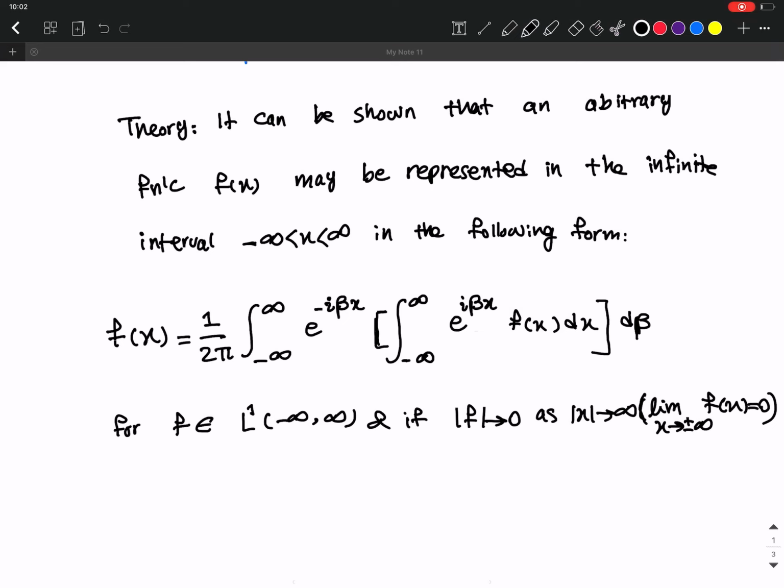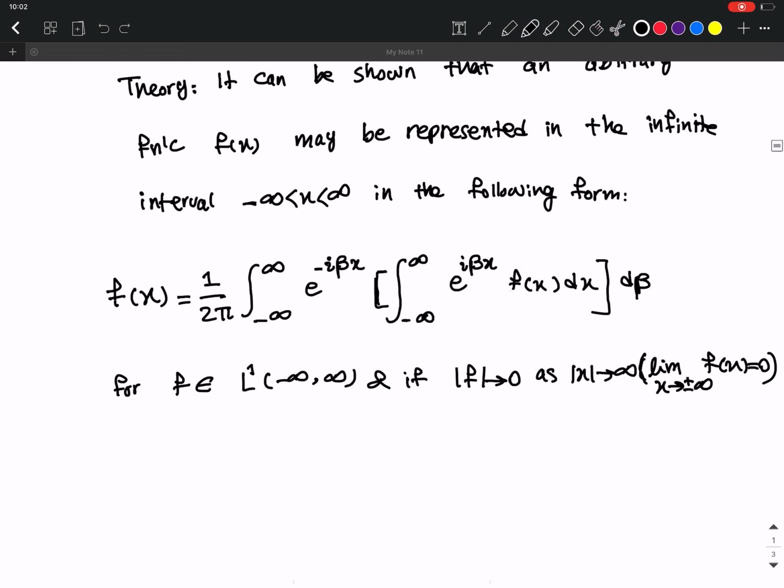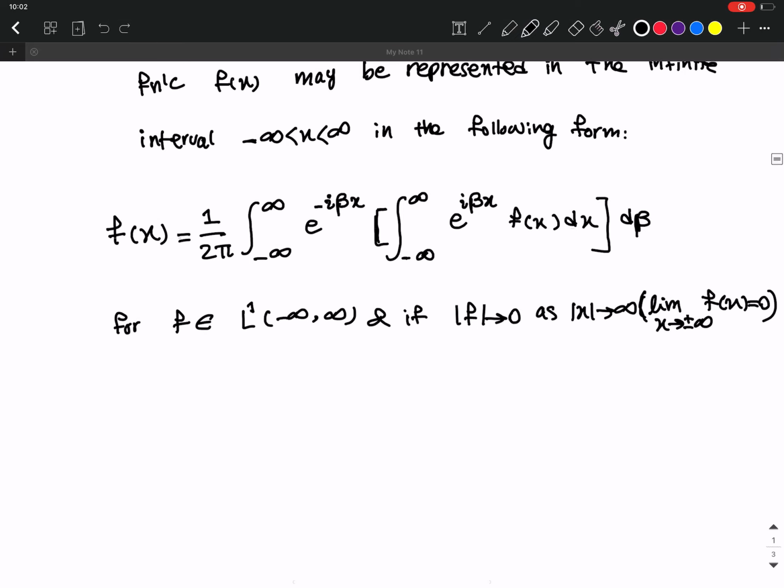I'm going to go through all of these one by one. What is i? I'm going to define that if you don't know, but this is a complex number, and some properties of these we are going to talk about. Okay, so the first thing I want to say is integral transform here.